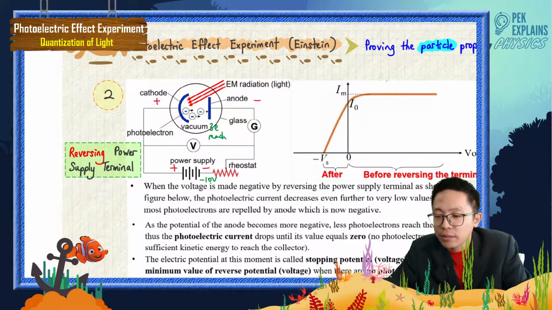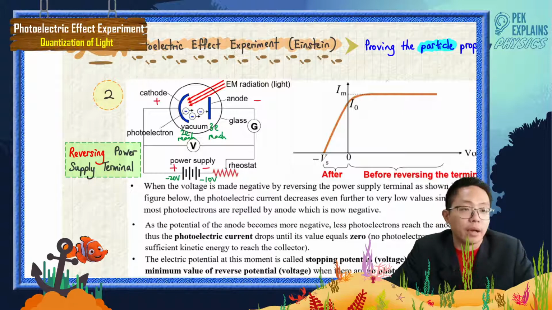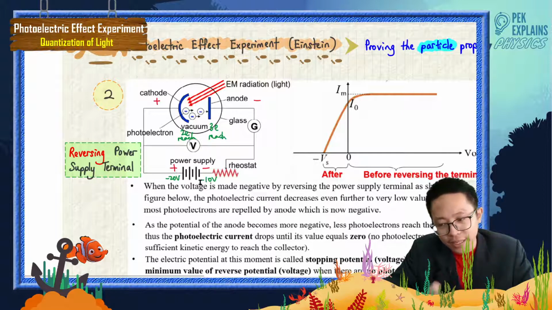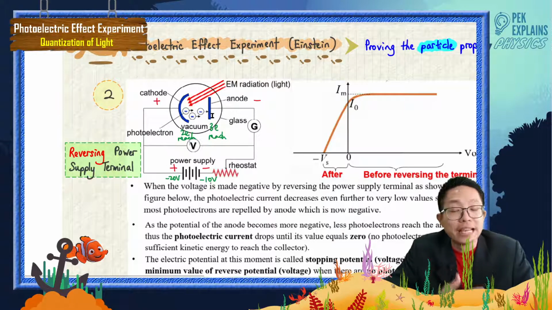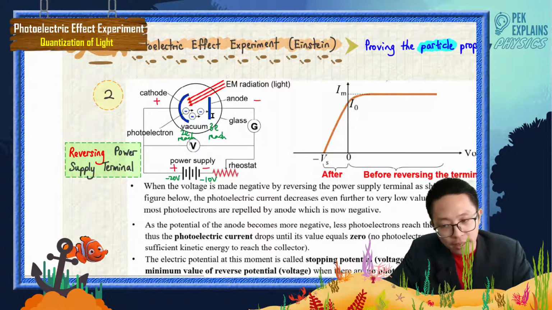I reverse some more, become negative 20, and now only 2 electrons can reach. Negative 10 is 3 electrons. You make it even more negative, then fewer and fewer electrons can reach the anode.